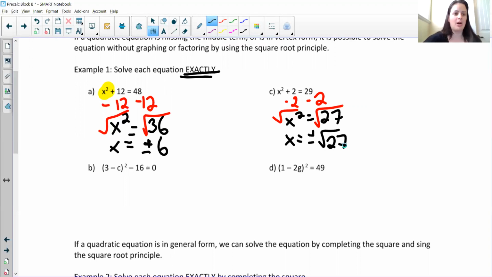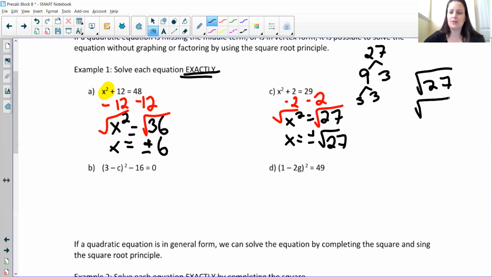So again, you're drawing upon your radical skills. We need to simplify 27. The largest square that goes into 27 is a 9. Or you can prime factor it and look for a group of 2, and that's 2 3s. Regardless, the square root of 27 is the same thing as the square root of 9 times 3, which is 3 square root 3. So x is going to equal plus or minus 3 square root 3.